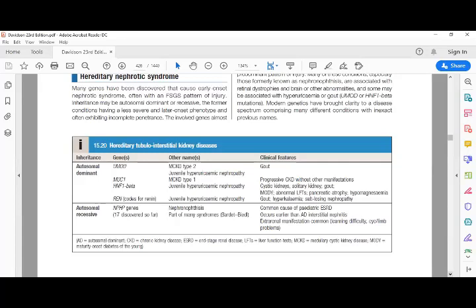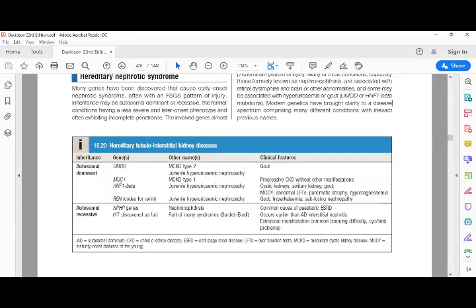Juvenile hyperuricemic nephropathy, cystic kidneys, solitary kidney, gout, maturity onset diabetes of the young, abnormal LFTs, pancreatic atrophy, hypomagnesemia, gout, hyperkalemia, salt-losing nephropathy.